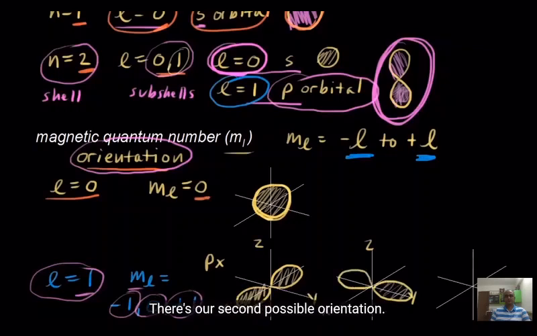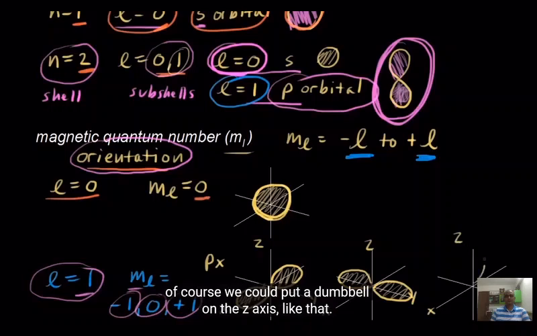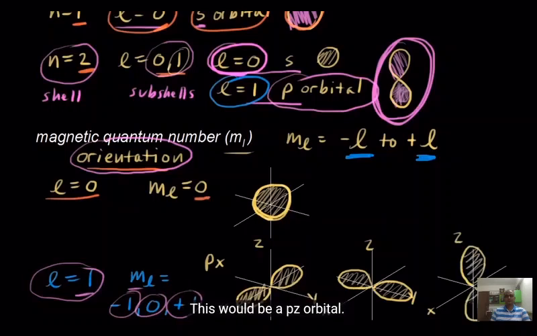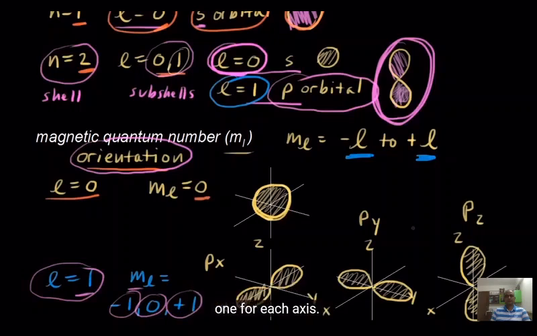So there's our second possible orientation. And then finally, of course we could put a dumbbell on the z-axis, like that. So this would be a pz orbital. So we could write a pz orbital here, and then this one right here would be a py orbital. So we have 3 p orbitals here, one for each axis.